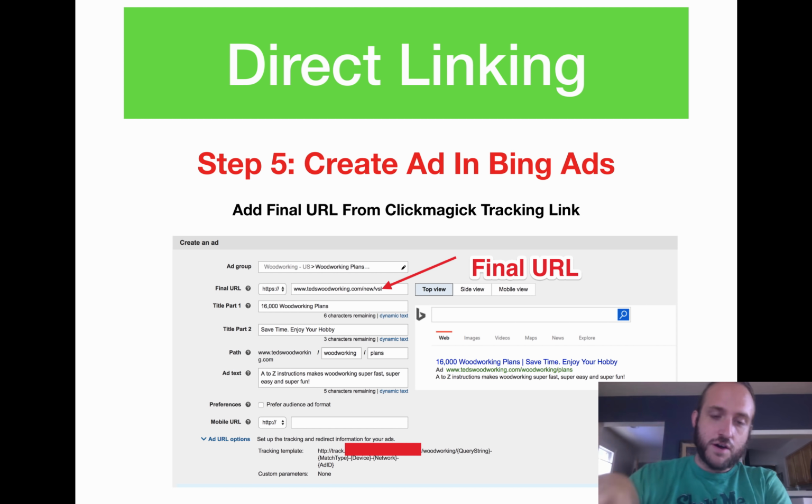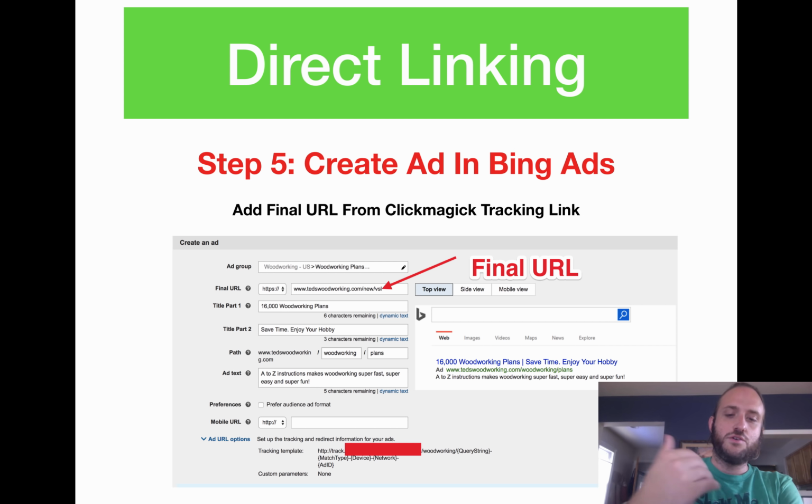But if you know how to do that, then just put in the final URL here, and then put in your title part 2, write your ad basically. And so this is a little confusing, but this is to comply with Bing's rules. They don't allow you to send to 2 different places anymore.